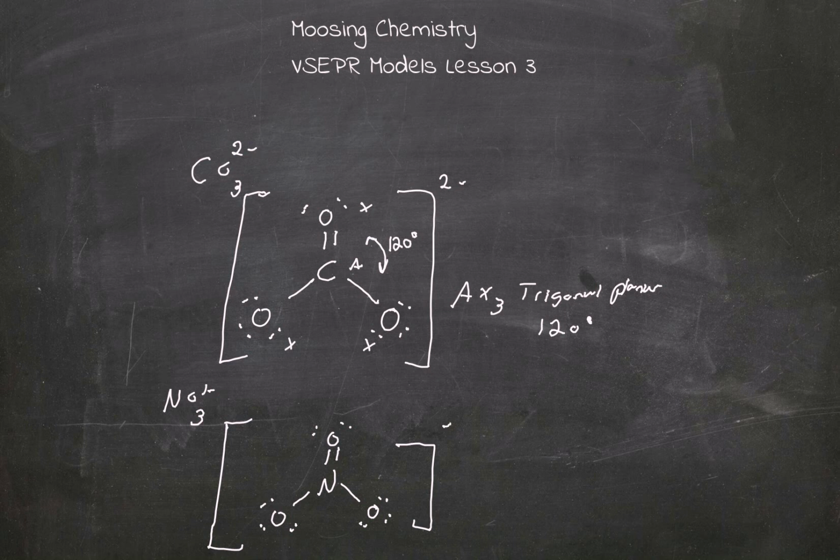And this is a -1 charge. So this is A, X, X, and X. Again, this is an AX3 trigonal planar. And again, the bond angles are 120 degrees.